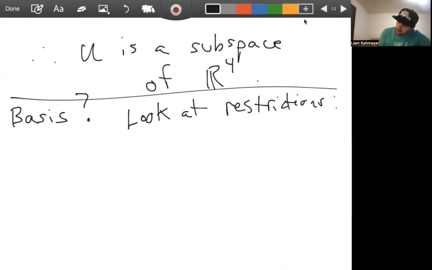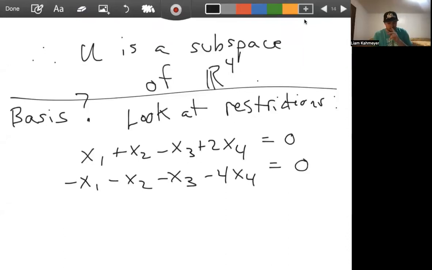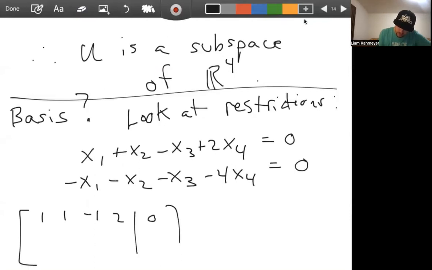The restrictions are namely x1 plus x2 minus x3 plus 2x4 is equal to 0, and negative x1 minus x2 minus x3 minus 4x4 is equal to 0. That means we can solve the following system of equations. 1, 1, negative 1, 2, 0. This is going to be a 2 by 5 matrix, actually. Negative 1, negative 1, negative 1, negative 4, 0.